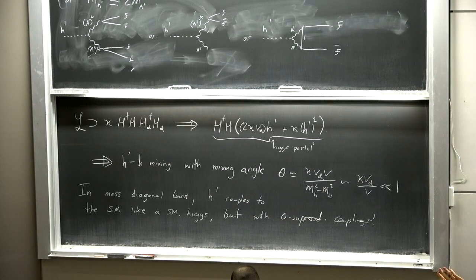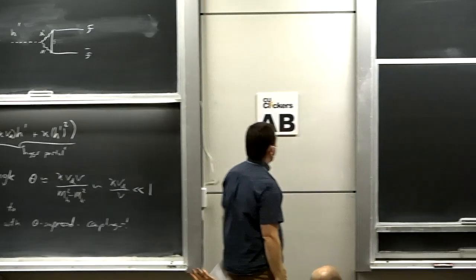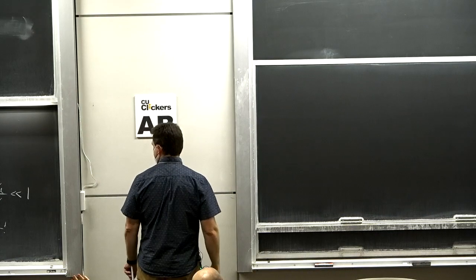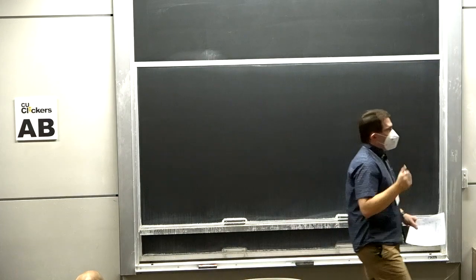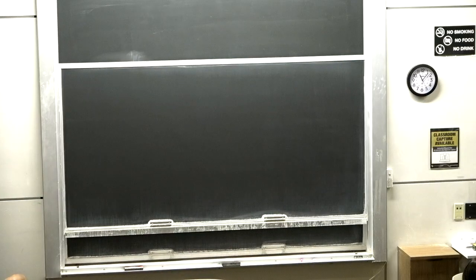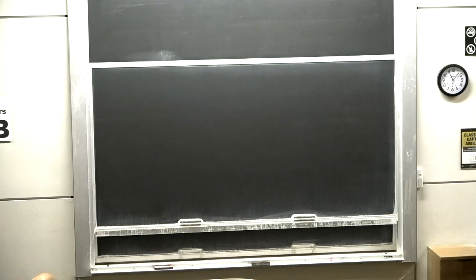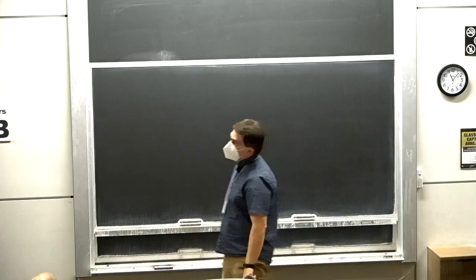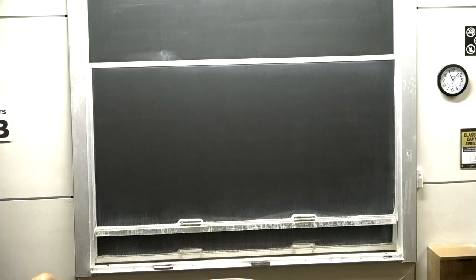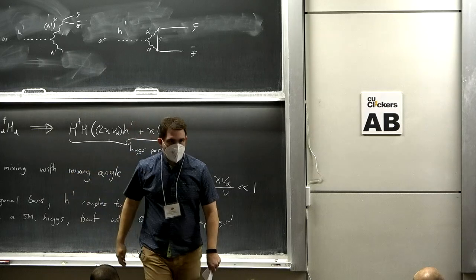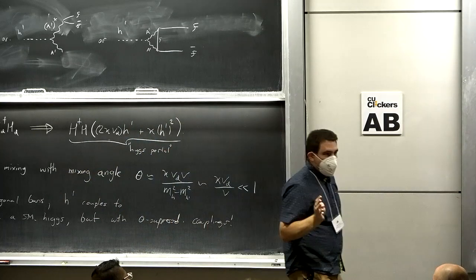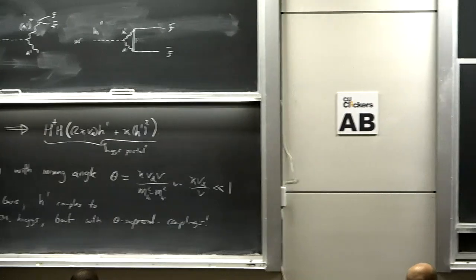So for example, just to name one, if you go to high energies and you think about producing the Higgs at the LHC, there's a channel that involves Higgs decays to dark Higgses, and then depending on how those dark Higgses decay, which now will involve a competition of these couplings plus the tree-level couplings of H prime to standard model fermions, you can look for a wide variety of rare Higgs decay modes in that context.